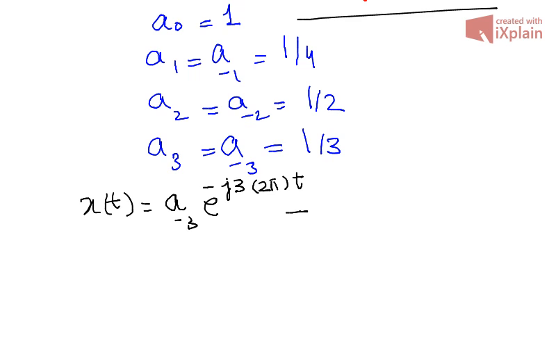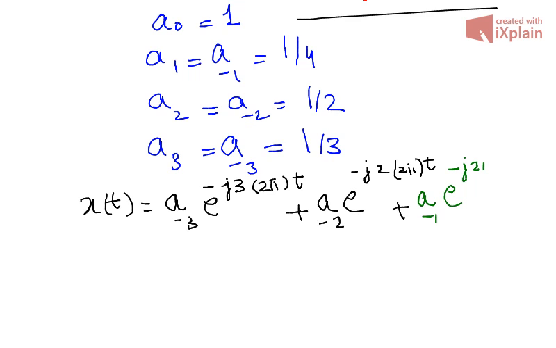Then I can write another one for a minus 2, and the exponent will be e raised to the power minus j 2 times 2 pi t. Then I can have another term which is a of minus 1 e raised to the power minus j, k is 1, so 2 pi and t. And then I can have another term which is a naught, and e raised to the power 0 would be 1, so I'll just write a naught.